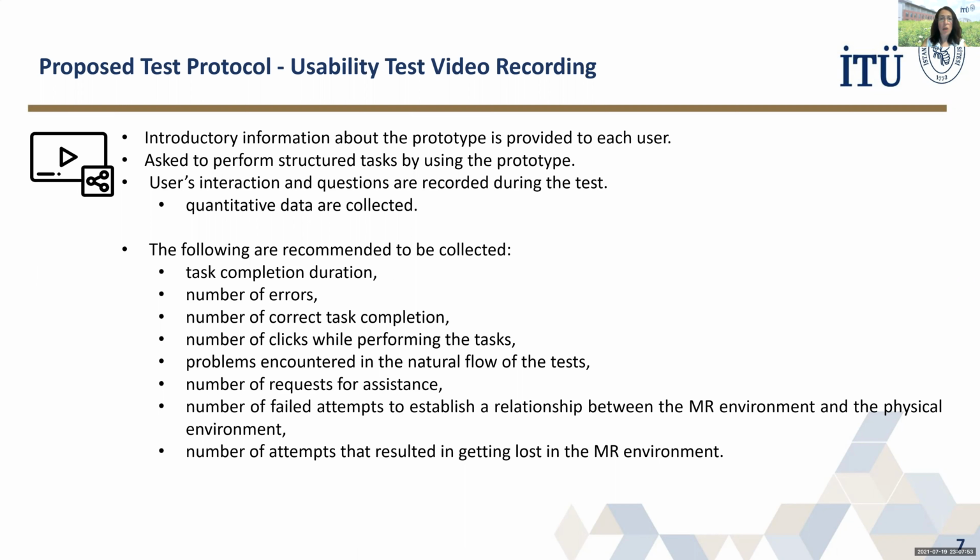And the users' interaction and users' questions are recorded during the test. We recommend that the following information items are collected, such as task completion duration, number of errors, number of correct task completion, number of clicks while performing the tasks, and so on.